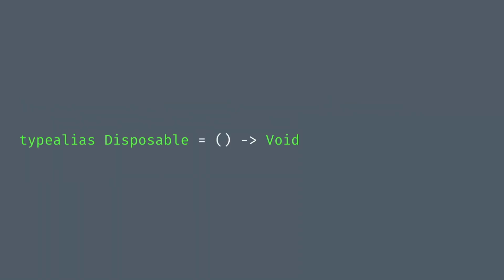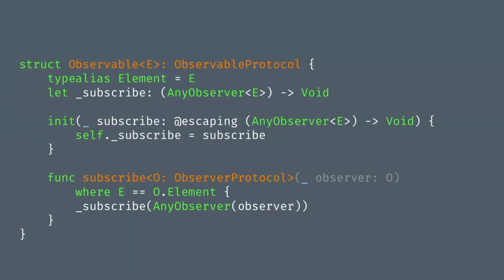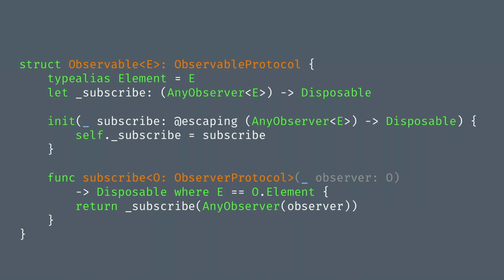That can be a pretty easy type, just call it Disposable, and it's a closure from nothing to nothing. We need to make a tiny change to the observable, where right now, whenever you subscribe, you get the observer, but you return nothing. And the same goes for this subscribe. We have to change that so that you return a disposable, because the disposable is what we want to receive when we subscribe, so we can call it to unsubscribe.